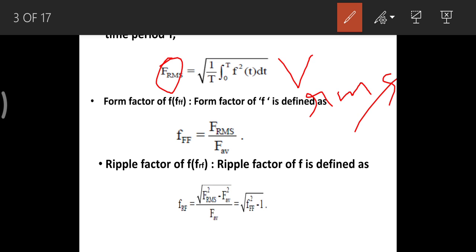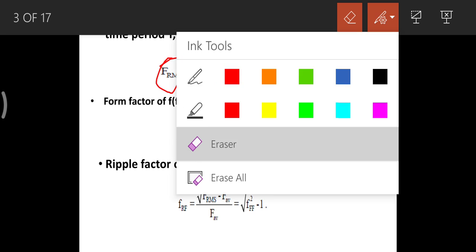Similarly, if you discuss the current, at that time we write I RMS. Here they take an example function f, that's why we are writing f RMS. So here we have to understand this thing.